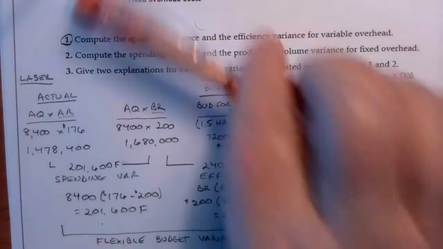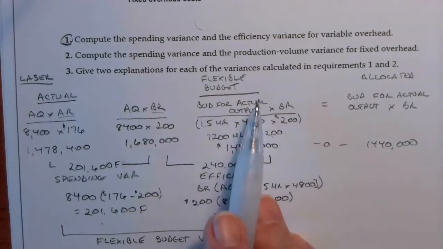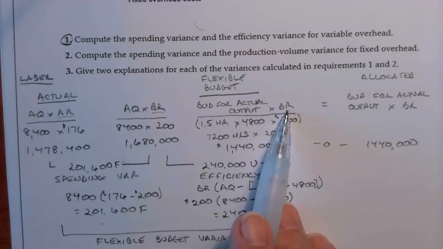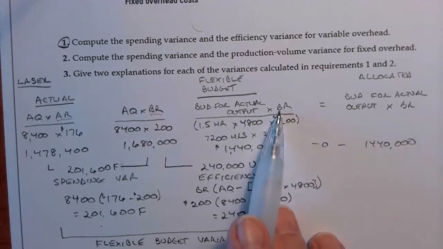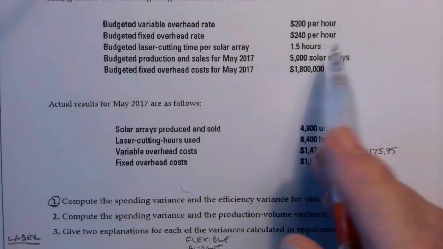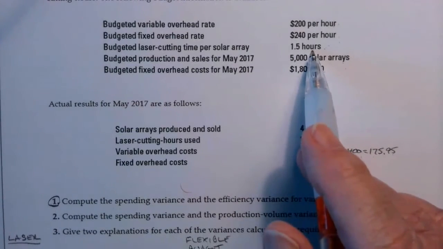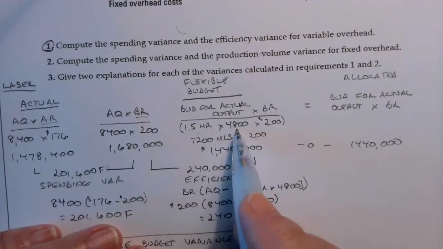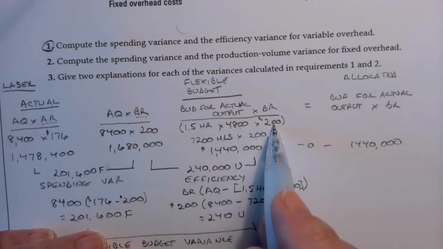For the flexible budget, we've got the budget for actual output times the budgeted rate. So we budgeted 1.5 hours per solar array. So it's 1.5, the actual output is 4,800 units, and the budgeted rate is $200.